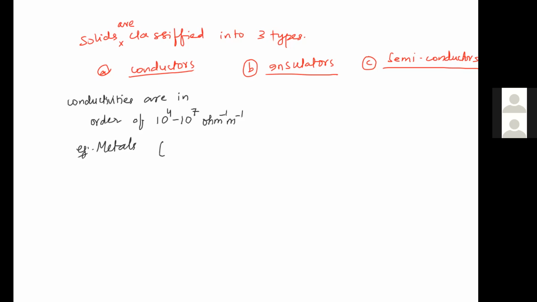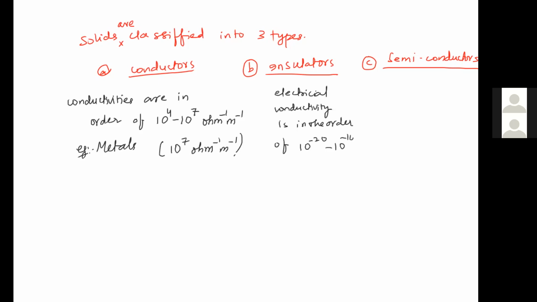Insulators do not practically allow the electric current to flow through them, so the electrical conductivity is in the order of 10 power minus 20 to 10 power minus 10 ohm inverse meter inverse.